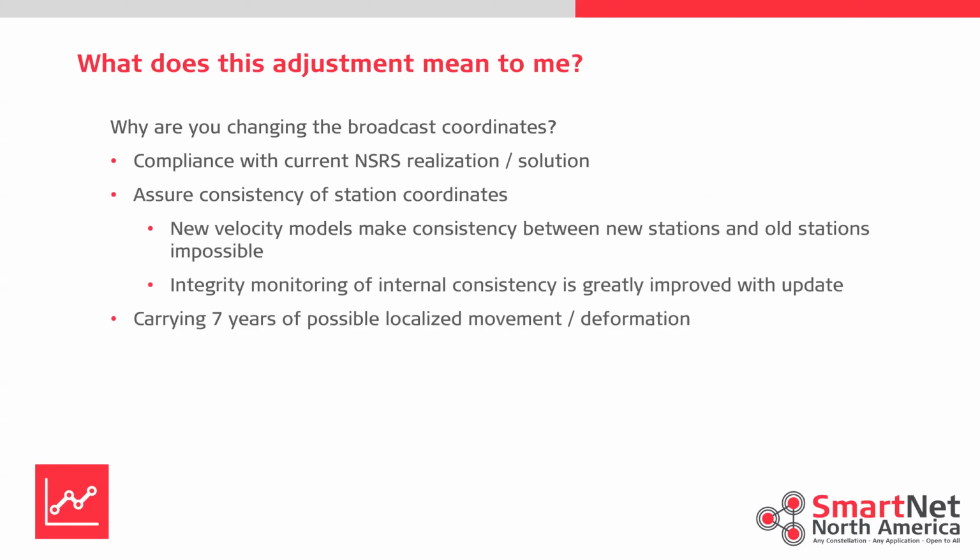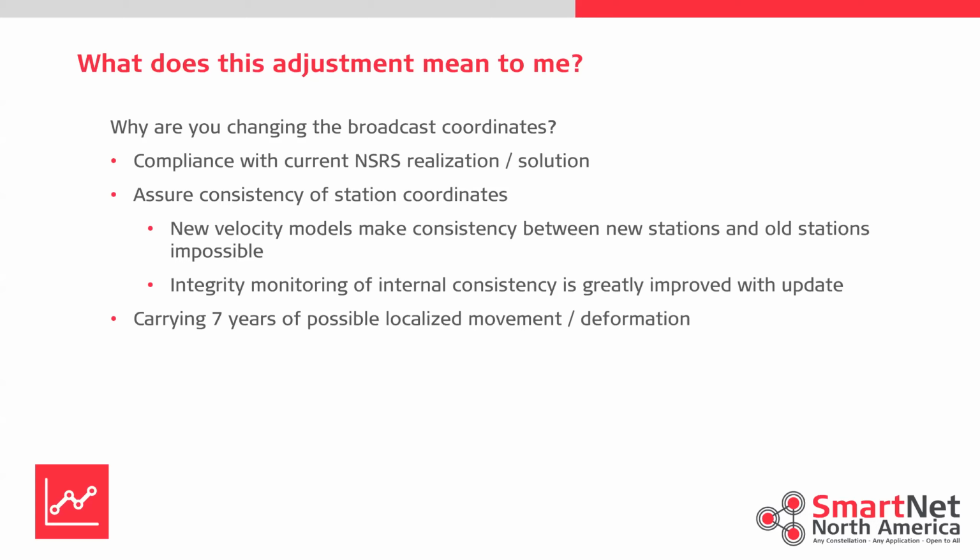So why are you changing broadcast coordinates if it's going to affect us? Well, first is compliance. We want to stay in compliance with the current NSRS realization or solution. So NATRF2022 in the US, version 7.1 in Canada. We want to assure consistency of station coordinates. These new velocity models make consistency between new and old stations impossible.